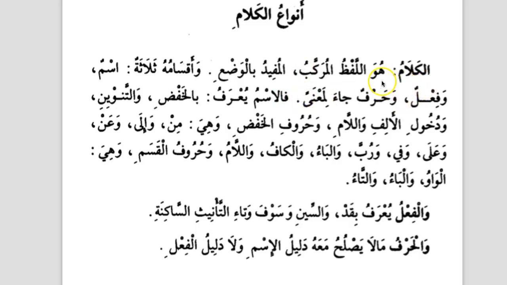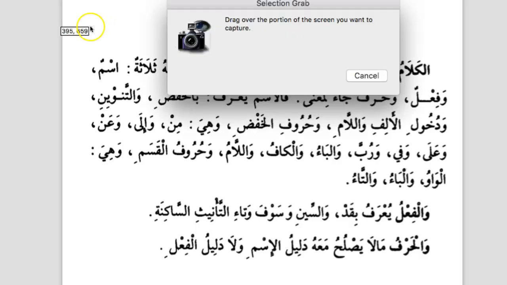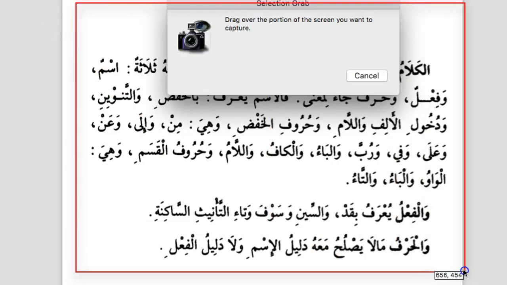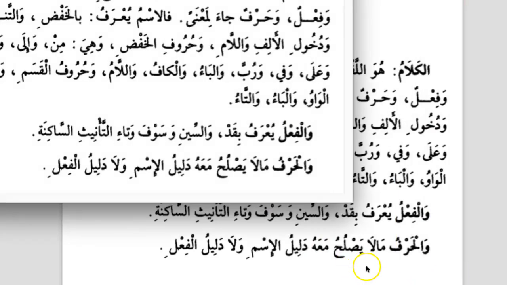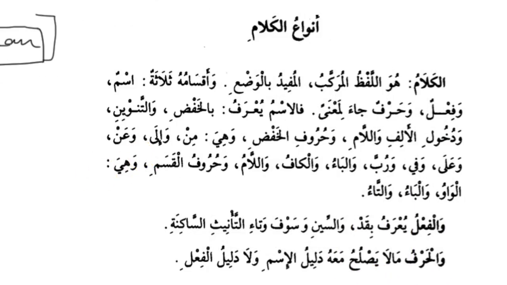So he says, هو اللفظ المركب المفيد بالوضع. So here he says, Al-kalamu huwa al-lafdhu al-murakkabu al-mufidu bil-wada'. So he says kalam, a sentence, is something that's uttered.